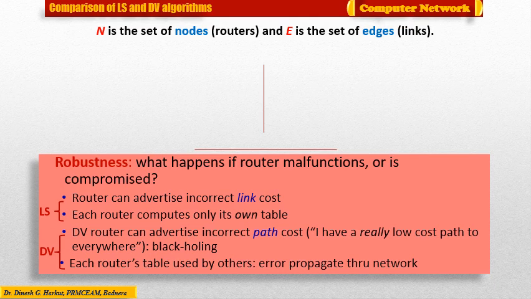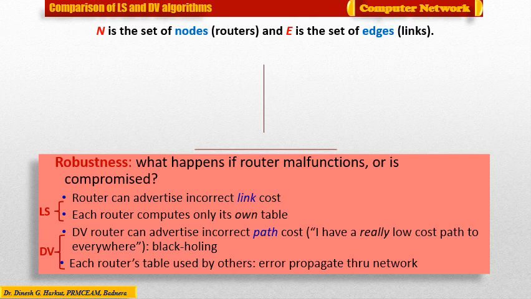What can happen if a router fails, misbehaves, or sabotages? Under link state, a router could broadcast an incorrect cost for one of its attached links, but no others.